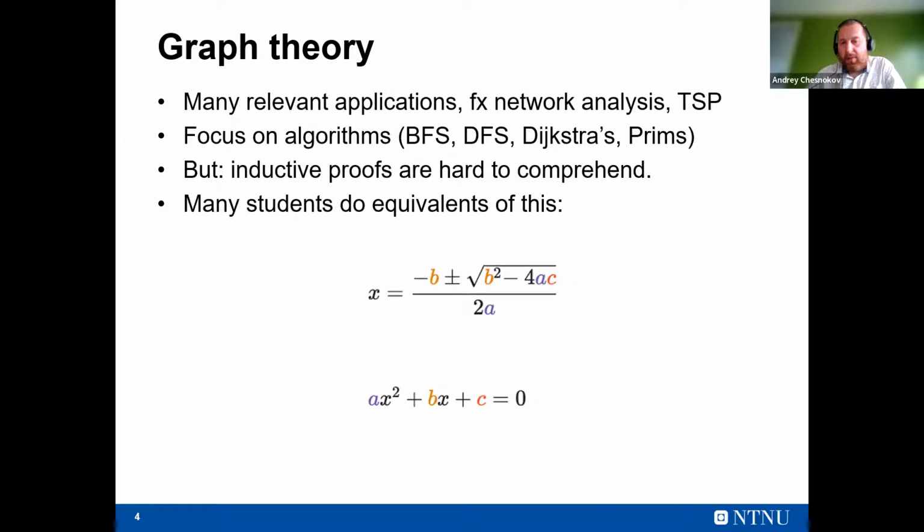When it comes to the graph theoretical part of the course, many students consider it relevant, and they tend to show a little bit more interest compared to the other parts.